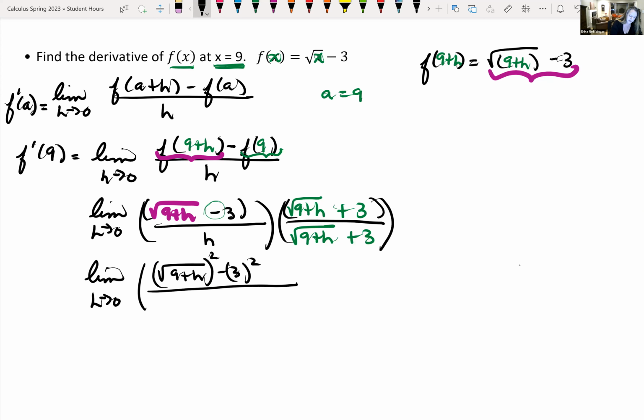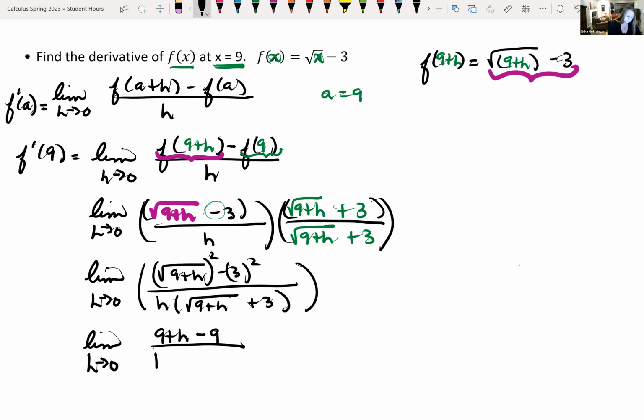All over h times the factor square root of 9 plus h, and then outside plus 3. So squaring the square root cancels the radical, and it leaves us what's underneath the radical, which is called the radicand. And that's going to be 9 plus h minus 3 squared, which is 9, all over h times the square root of 9 plus h plus 3.